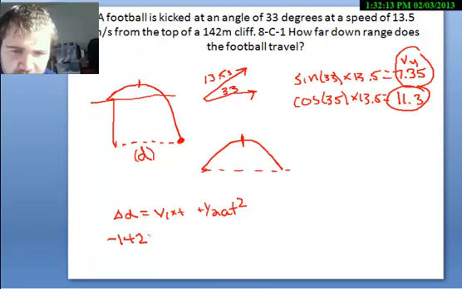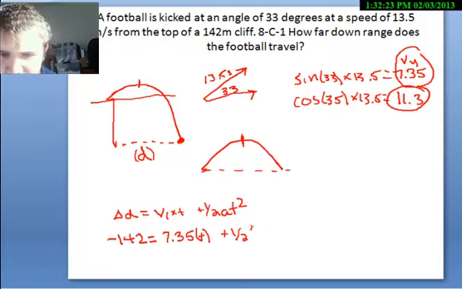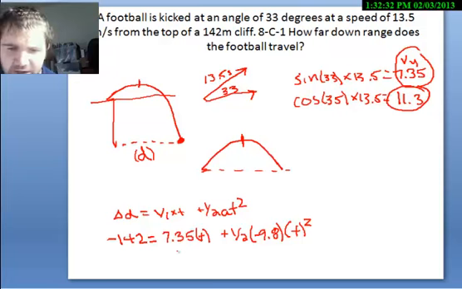So negative 142 is equal to my initial vertical velocity, 7.35, times time, plus 1/2 times negative 9.8, negative again because acceleration is downward and initial vertical velocity is upwards, times time squared. And I'll solve that for time, and that will tell me how long it's in the air.